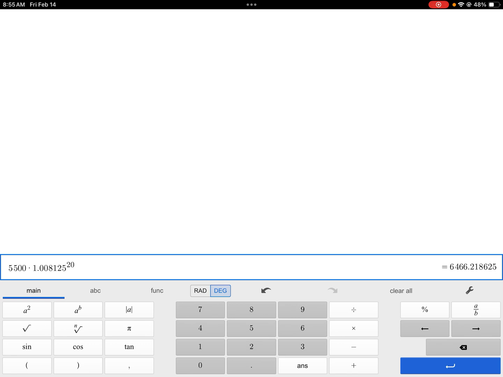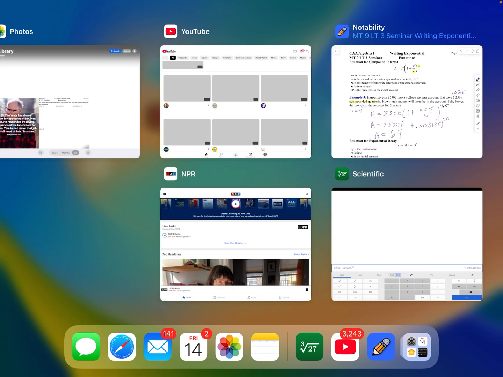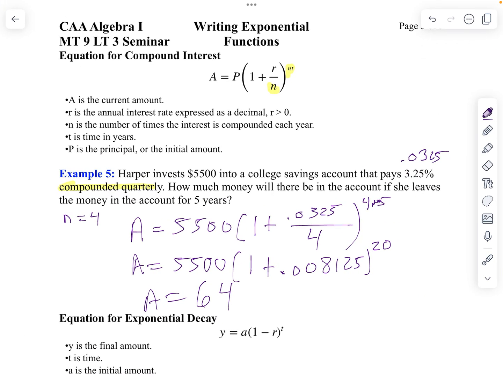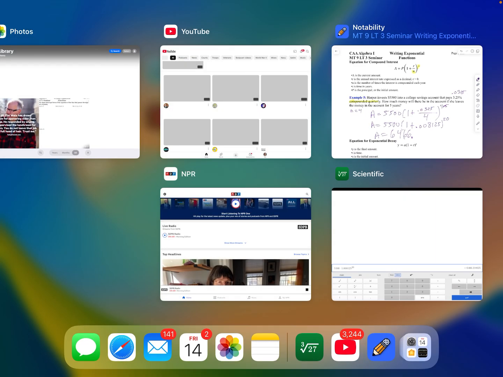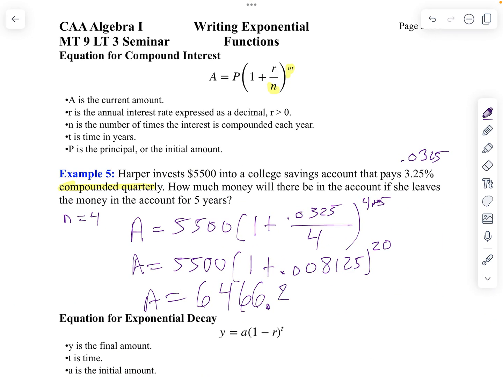And at the end of 5 years, she'll have $6,466.22. $466. And what do we say? How many cents? 22 cents. And there's your answer.